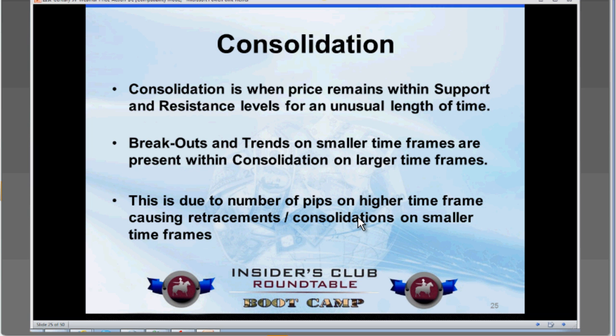Consolidation is when price remains within a support resistance level for an unusual length of time. We call that a specific compressed channel. We're looking to compress and compact the channels so we can then get a sense of direction so that they break out, and hopefully the trends on the smaller time frames are present within the consolidation on the larger time frames.